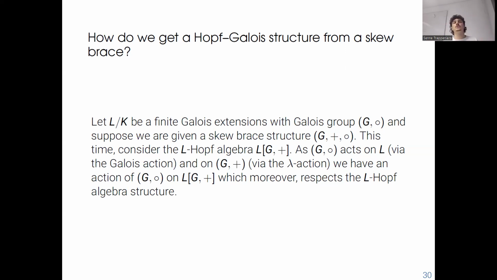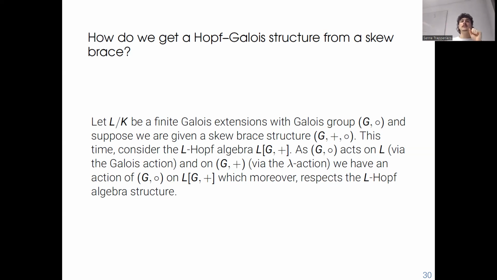So combining these two, we have a natural action of G circle on LG plus, in coefficients by Galois action, on group-like elements by this lambda action. And without being too precise here, in this case this respects the Hopf algebra structure in a certain sense.